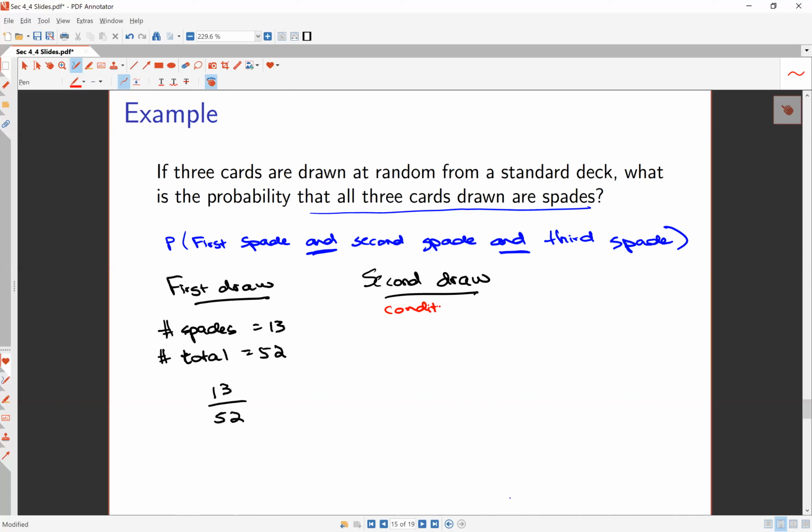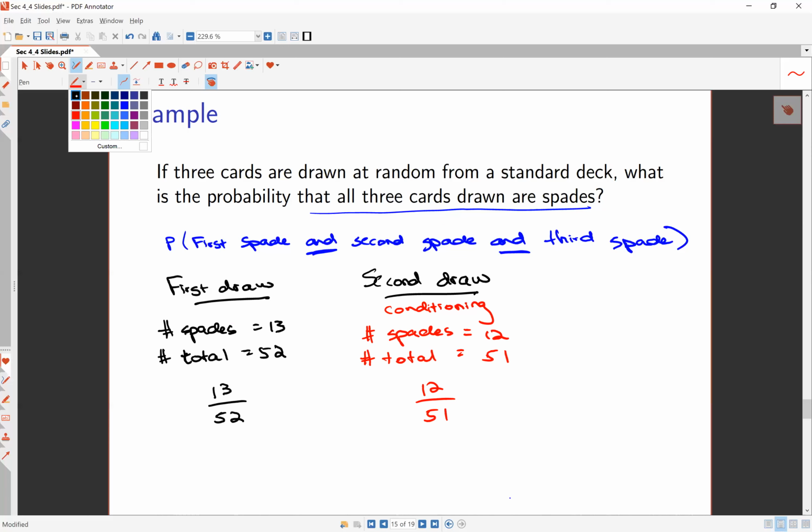I have to take into account the fact that I drew 1 card and it was a spade. So how many spades are now left in the deck? 12. And how many total cards are left in the deck? 51. So this probability is 12 over 51. And then I move on to my third draw.